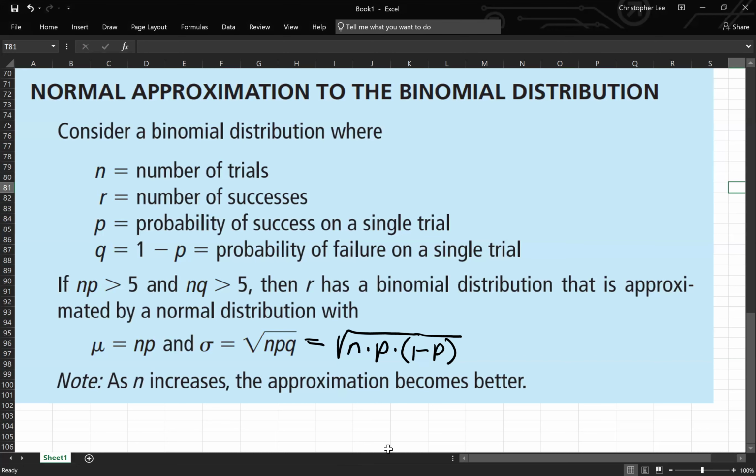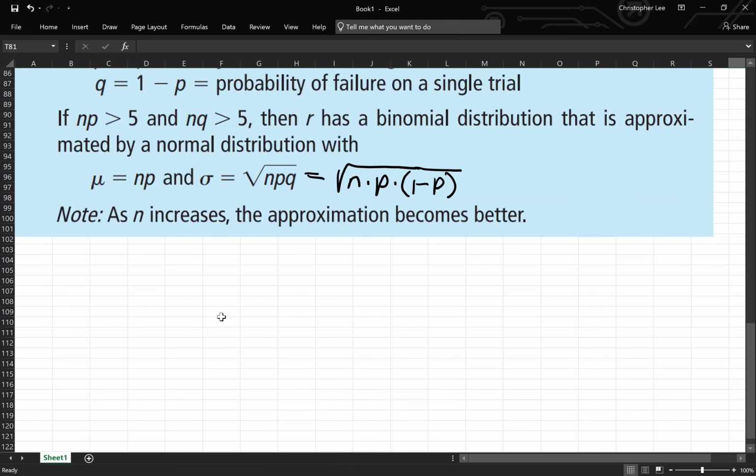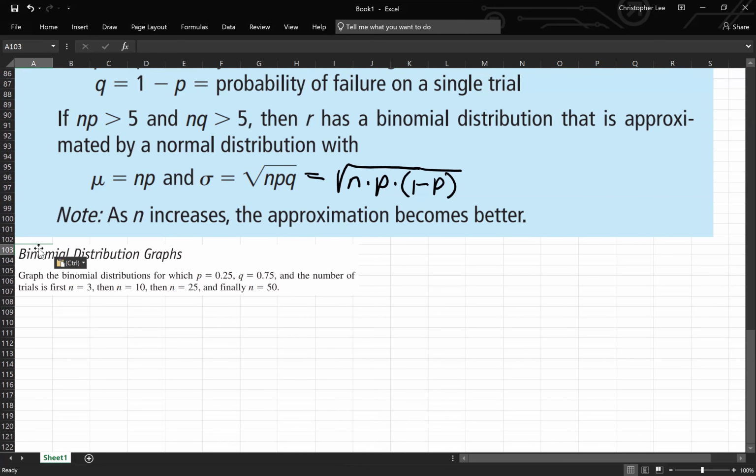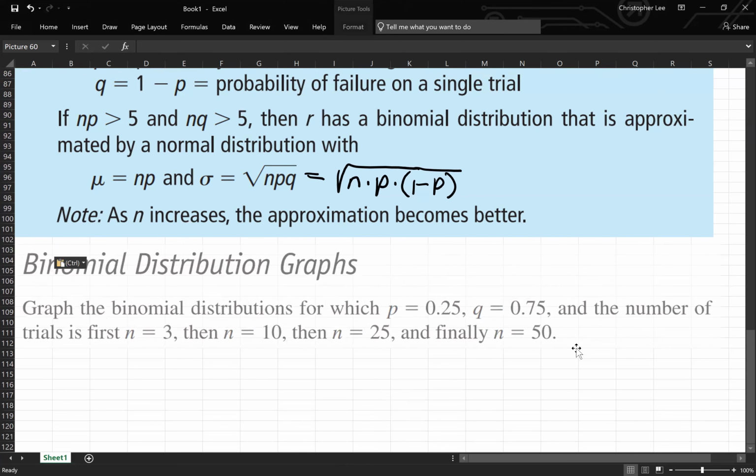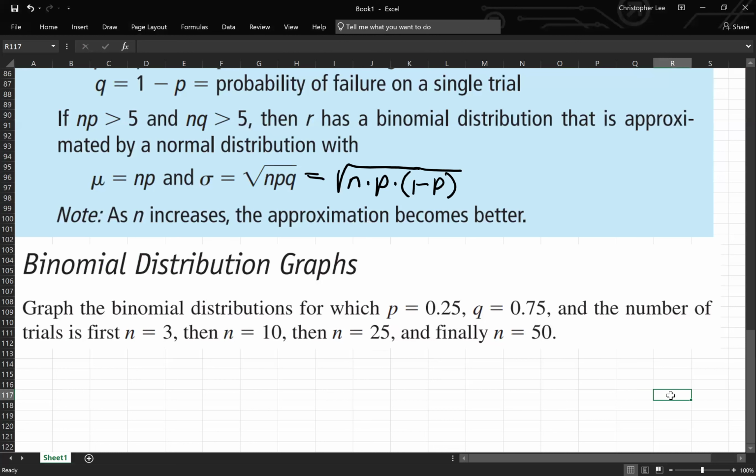All right, let's jump into an example real quick. So we're going to look at the binomial distribution for graphs. What do we want to do? We want to graph the binomial distributions for which p, our probability of success, is 0.25, and q, our probability of failure, is 0.75.